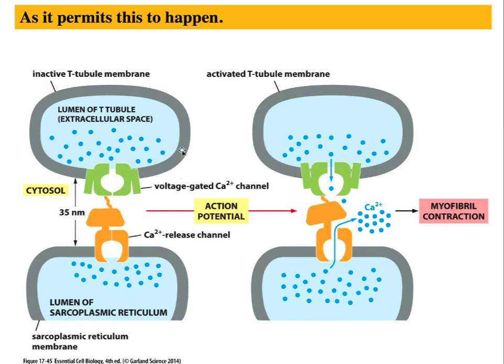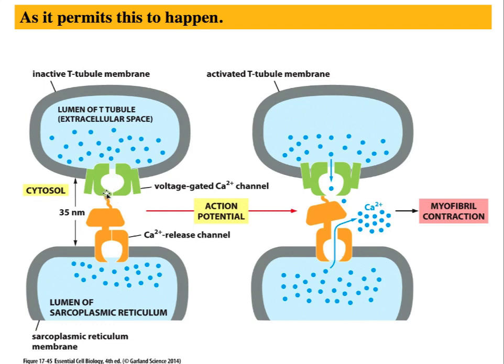So in this slide here, we can see the T-tubule, which really belongs to the plasma membrane, and the sarcoplasmic reticulum, the endoplasmic reticulum of these cells, are connected through two types of voltage-gated and mechanically gated calcium channels. So these channels here, they respond to a voltage that travels down the T-tubule, opening them.